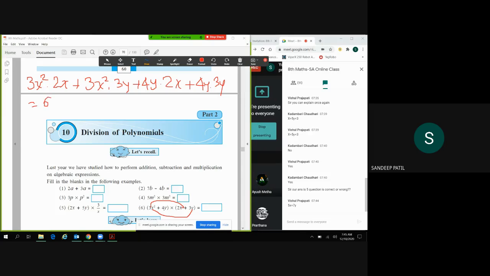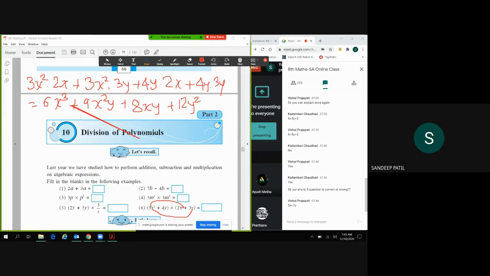3 into 2, 6x cube, plus 3x square into 3y becomes 9x square y, plus 4y into 2x, 8xy, plus 4y into 3y becomes 12y square.